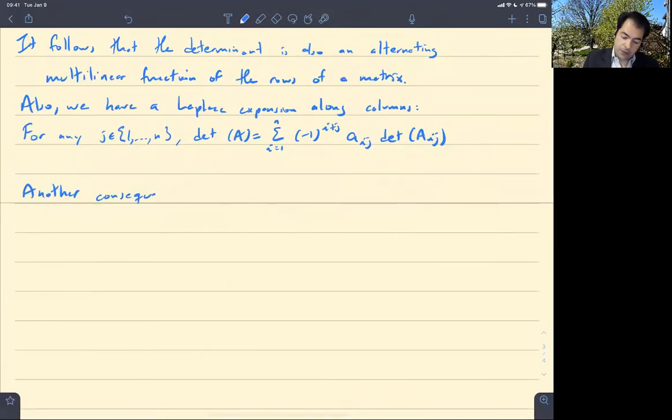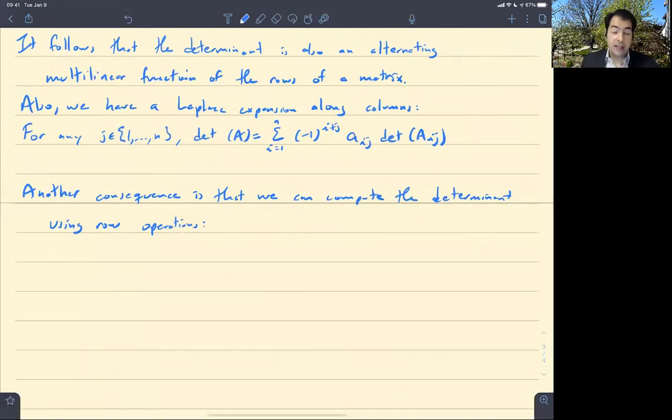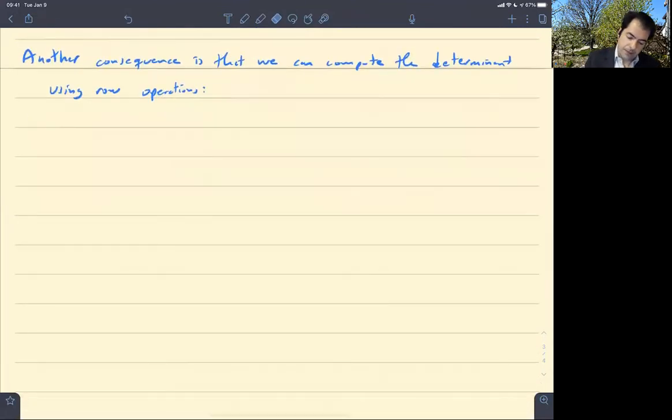Another consequence is that we can compute the determinant using row operations. Right? And this is an efficient way of computing the determinant. So here's how you would compute it.